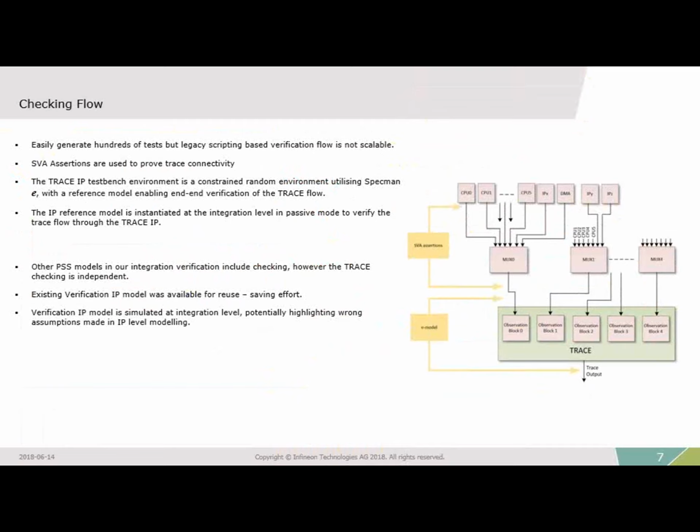Whatever trace comes in is probed at the right points, and the E model predicts the exact message that will be generated by MCDS based on the incoming traffic. It verifies that the messages generated by the MCDS RTL and the predicted messages are equal. So that's how this part is verified.